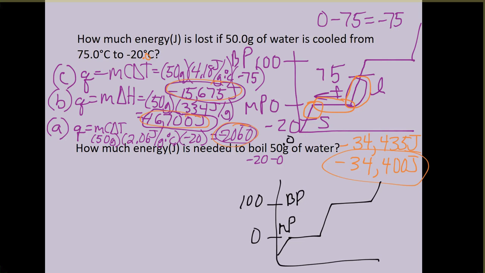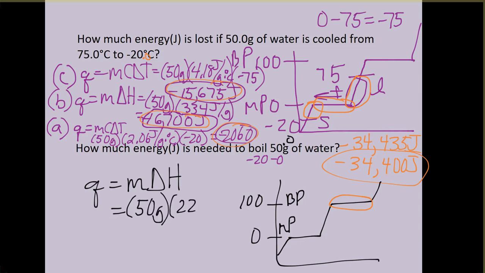And where are we? How much energy is needed to boil? Oh, that's all it's asking. It's just boiling. Well, this is boiling right there. So this is a one-step problem. It's a phase change, so there's no change in temperature. My mass is 50 grams multiplied by that heat of vaporization.